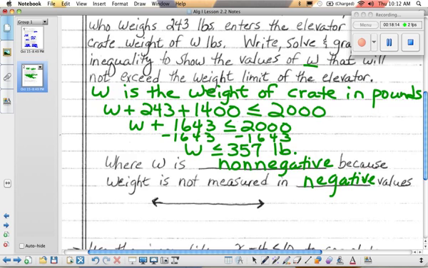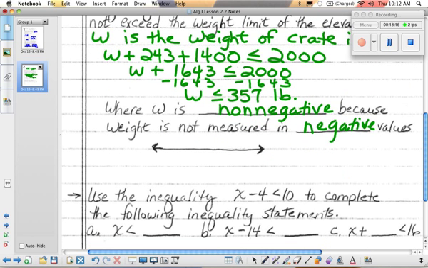Okay, so when we graph this then, do you remember yesterday when we said there's really kind of a restricted area? We would start at 0. We would end at 357, and the crate can weigh somewhere in between that, correct? And then we also have to decide, can it weigh 0 pounds? What do you think? No. Not really, because if there's a crate, there's already weight, isn't there?